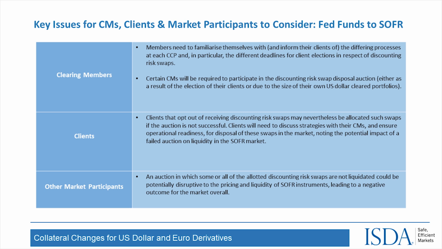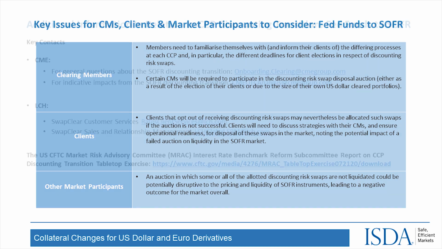What I mean by that is if there's an auction in which not all of the allotted discounting risk swaps can be liquidated, this could be potentially disruptive to the pricing and liquidity of SOFR instruments in the market as a whole and lead to a negative impact on that market.